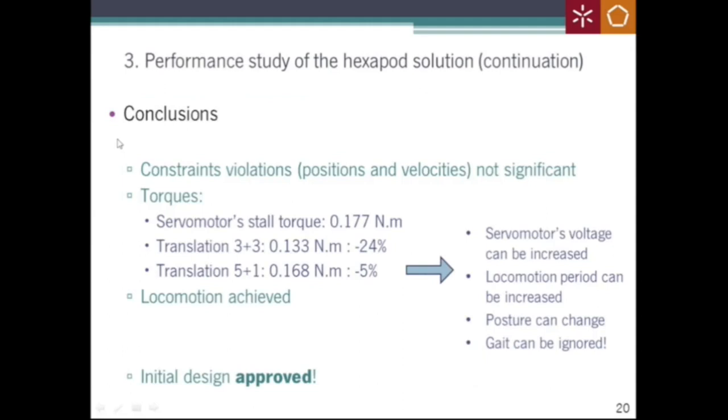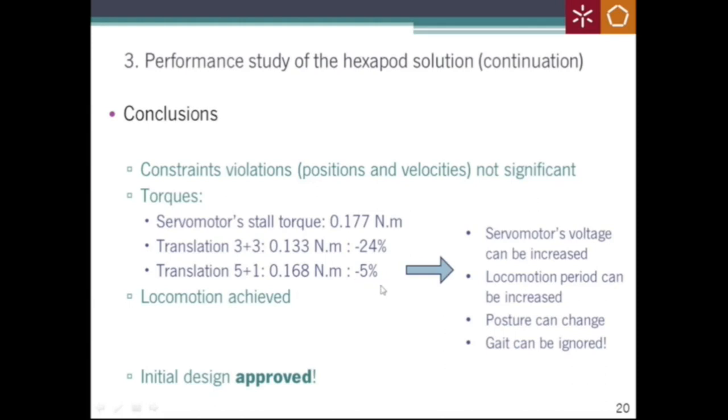From the simulations, the maximum torques of the different servo motors were obtained. The maximum torque was for a 5+1 gait, which is very close to the limit value of the servo motors.